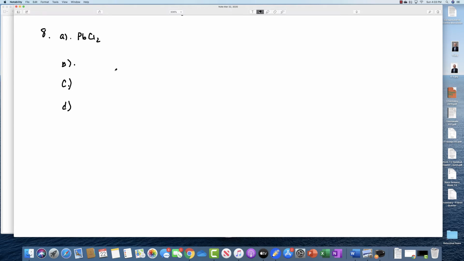The first is lead chloride. It decomposes to form lead plus 2 Cl minus. So the KSP for this would be lead ion concentration times the chloride ion concentration squared. Squared because the coefficient is 2 here.